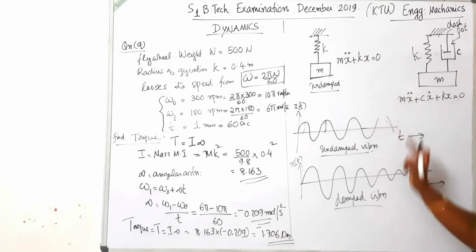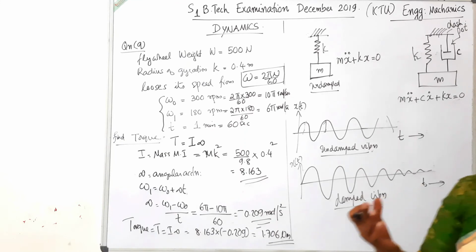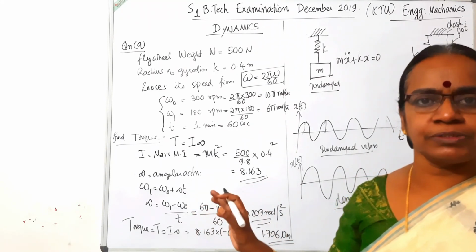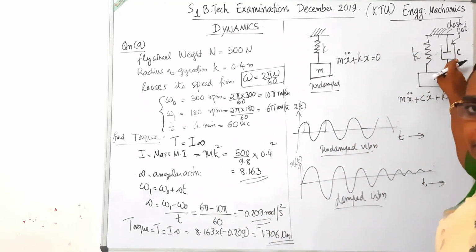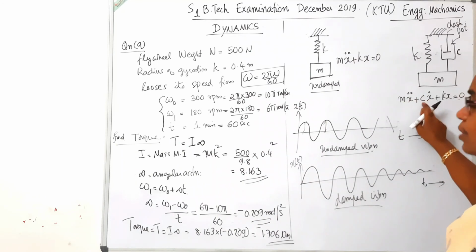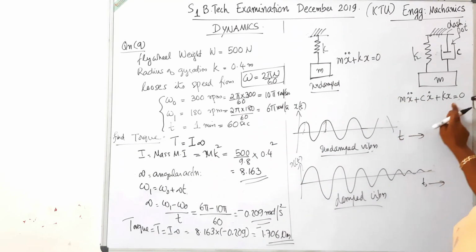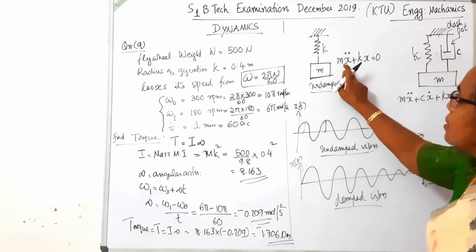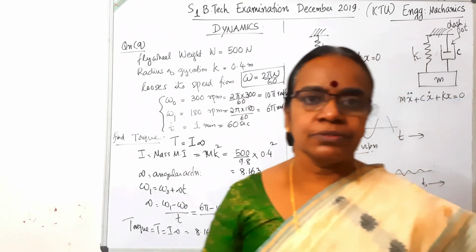So these are the differences between a damped system and an undamped system. In a damped system, there will be resistance to vibration and the amplitude reduces with time. In the spring mass model there will be a dashpot, and the equation contains m x double dot inertia force, damping force and spring force. In the undamped case there will not be any damping, only a spring: m x double dot plus k x is equal to 0.